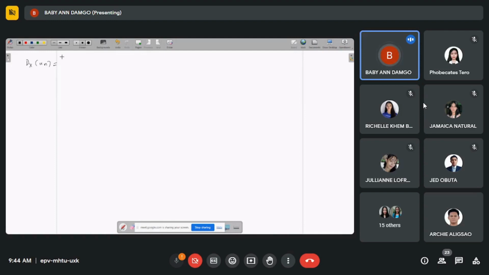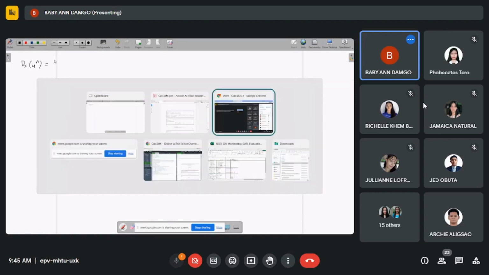The derivative of u to the n, what is the formula? What is the formula for the power rule?